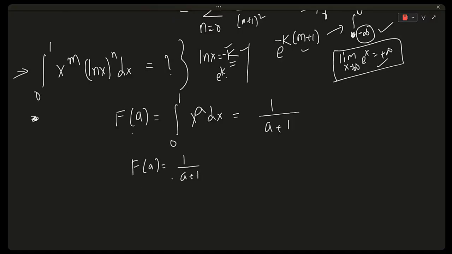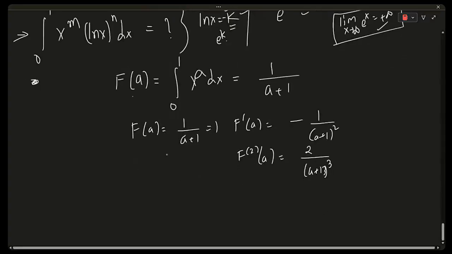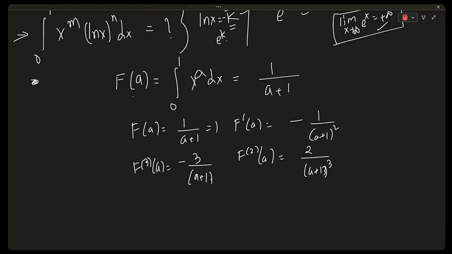If you differentiate it once, what will you get? F dash a equals minus 1 by a plus 1 whole square. If you differentiate it again, what will you get? It should basically be 2 by a plus 1 whole cube. Differentiate it thrice, you should get minus 3 by a plus 1 whole to the power 4.